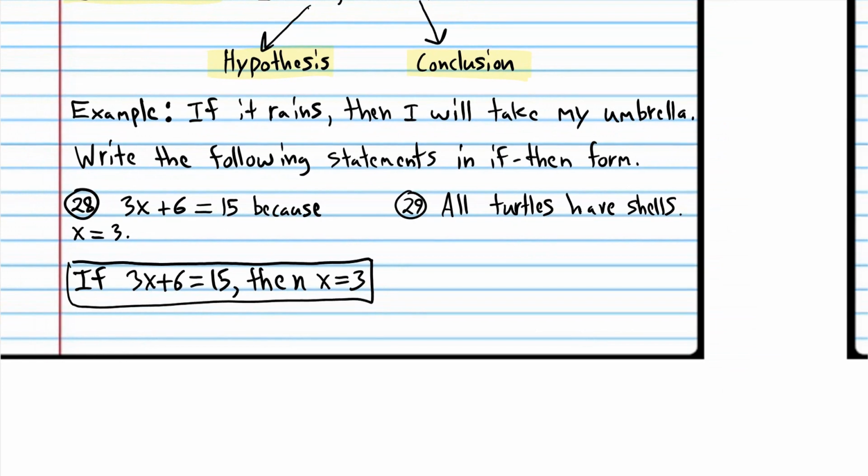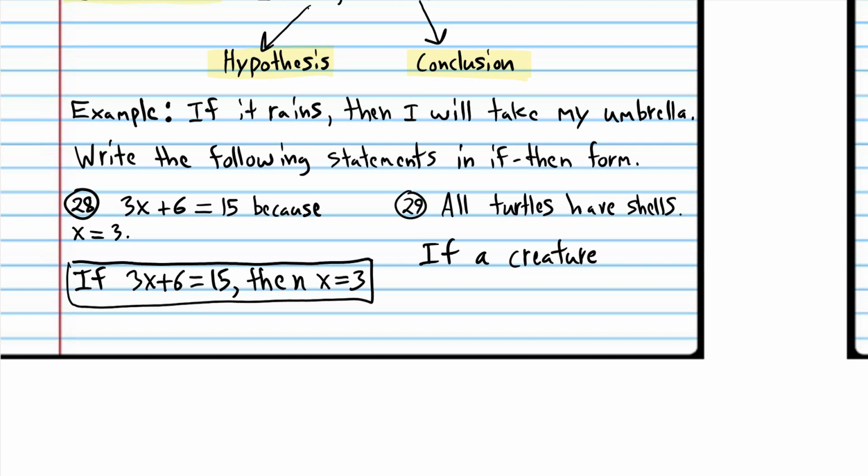So see if you can do number 29, and when you come back, we'll do it together. All right, we're back. Let's see here. If a creature, I'm just going to call it a creature because I don't want to call it an animal because I'm not sure that turtles are in the animal family.